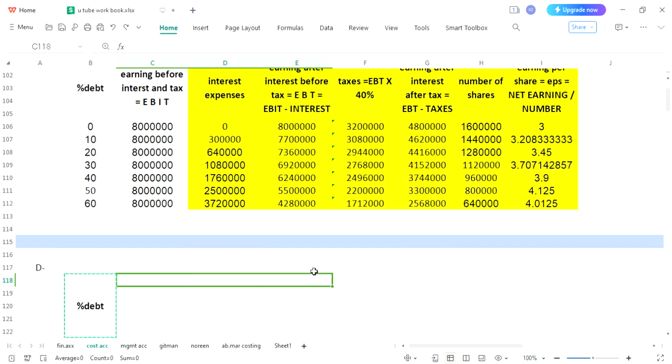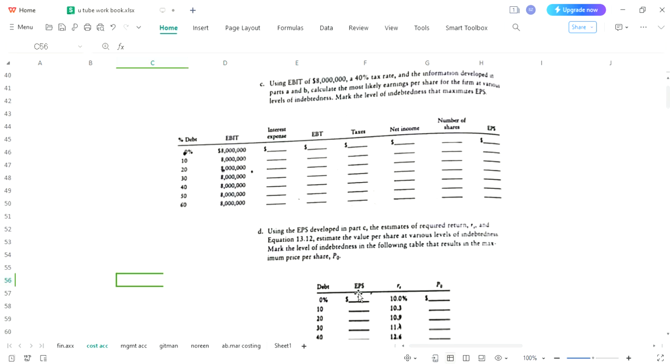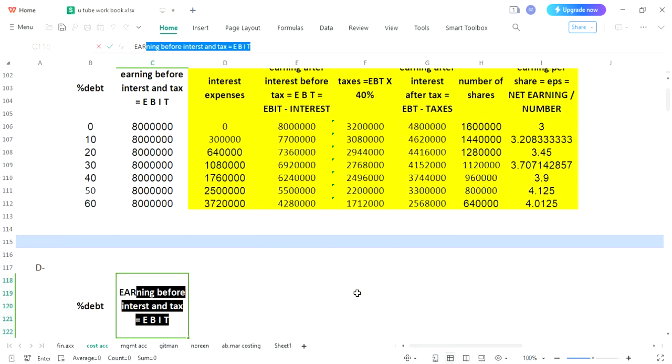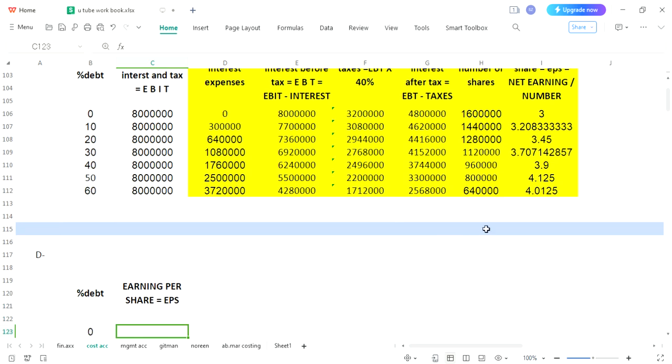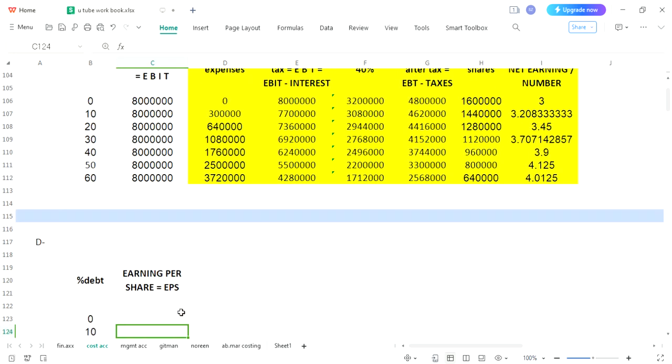Four columns are needed. Let's see what the second column is saying. We need to write EPS, earning per share. Please note it down, earning per share has already been calculated. This was your column where you have calculated earning per share, and we will use the same earning per share over here.